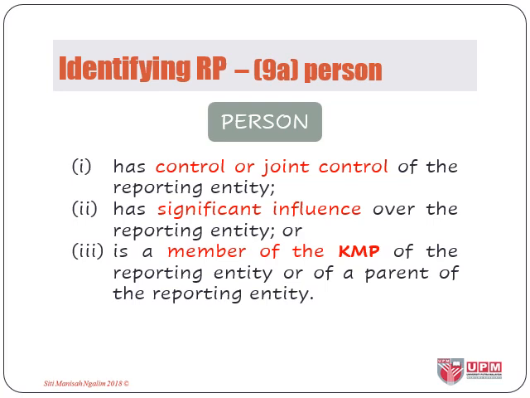Therefore, parents' key management personnel will, in a way, be part of key management personnel of the reporting entity, since they could be the ones deciding on main activities of the reporting entity. So these are the persons or individuals who are considered as related parties to the reporting entity.